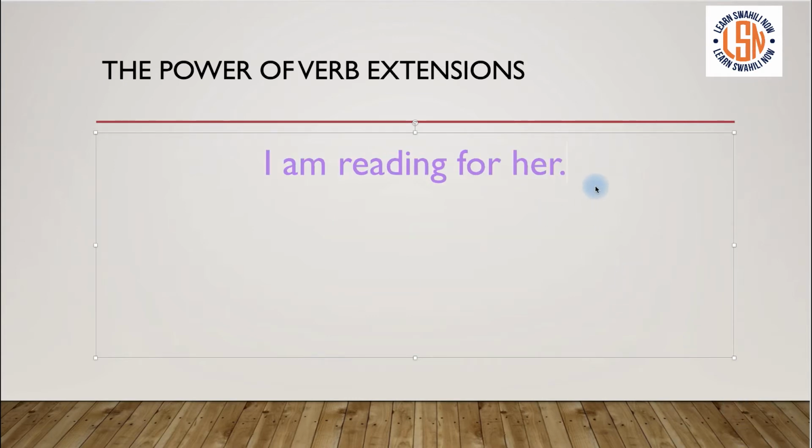In this instance, we would need to use the prepositional verb extension because we are introducing two elements. One is the preposition for, and then we have the object her. So how does that look? It's going to look like this. Ni, na, somea.